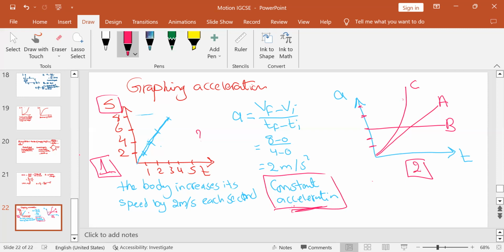Which graph on graph 2, A, B or C, represents the same motion as graph 1?